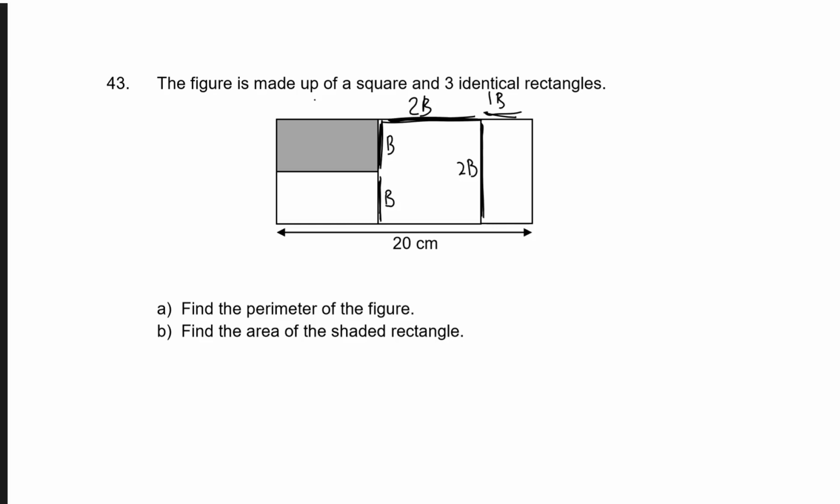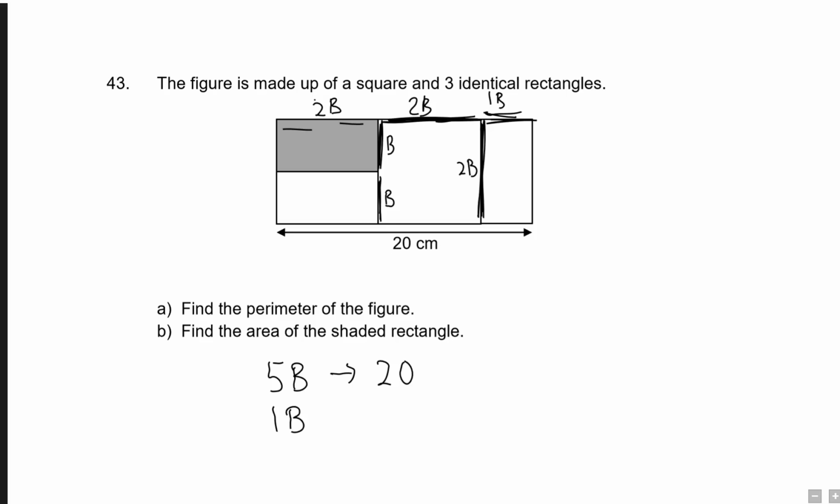Okay, now the length of this side here, which is 2 breadth, which means that the length of this rectangle is also 2 breadth. Okay, so you notice 2 breadths plus 2 breadths and 1 breadth here gives you a total of 5 breadths. Okay, and this 5 breadth is like 5 units like that, 20.